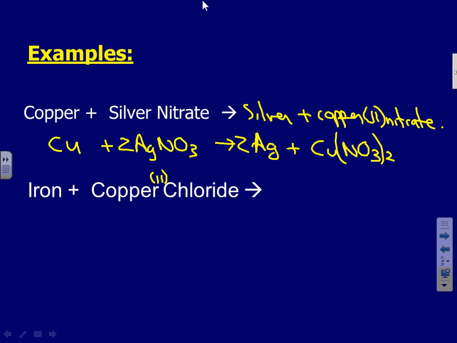What are the products going to be here? Iron is a metal. So what are the products going to be? Aaliyah, what do you think? Iron's a metal, so what's it going to kick out?